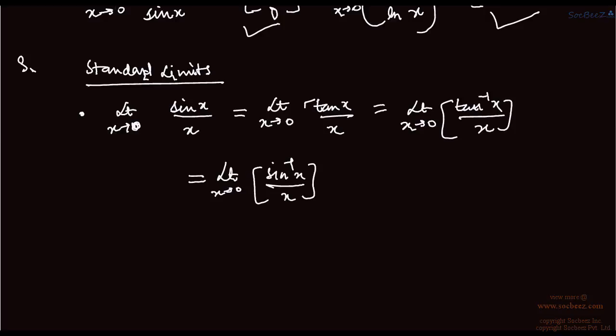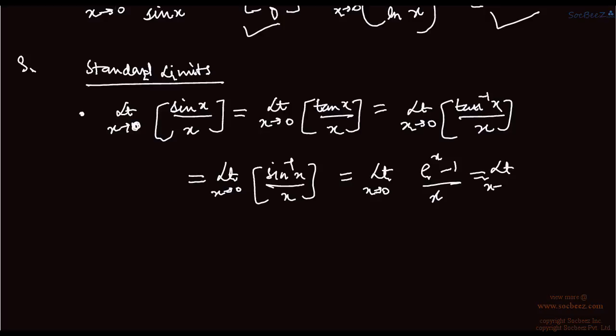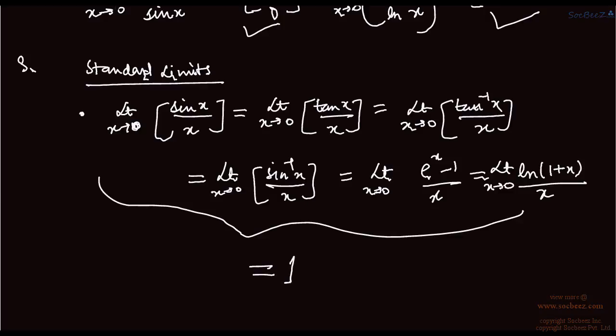It is also equal to limit x tending to 0 of (e to the power x minus 1) upon x, also equal to limit x tending to 0 of ln(1 plus x) upon x. These all limits are equal to 1.